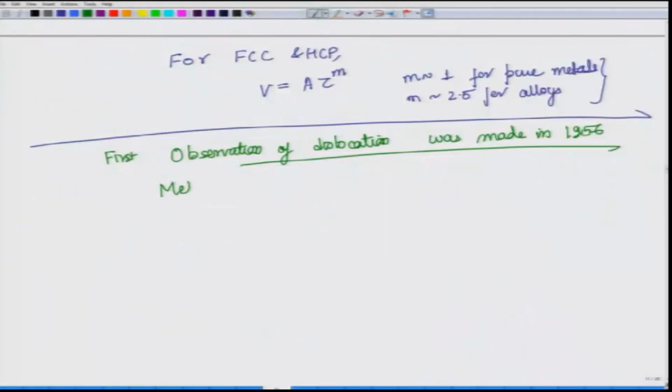So, what are the different methods? What we are trying to focus on here is methods of observation. I have already mentioned this was TEM. So, what are the other methods?